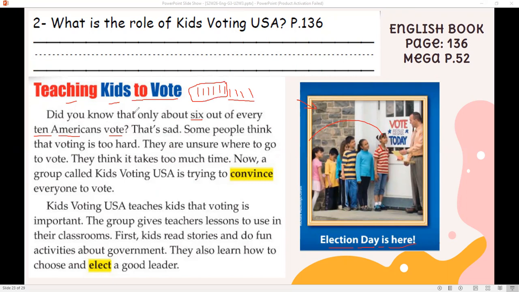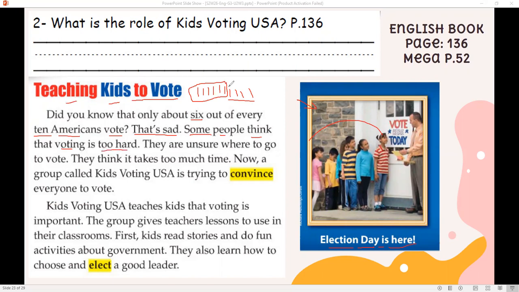Why are they mentioning this fact? Because, as the author says, that's sad. So the author thinks that this is sad, that only 6 Americans out of 10 vote. Now the author is going to tell us why this is sad. Some people think that voting is too hard.